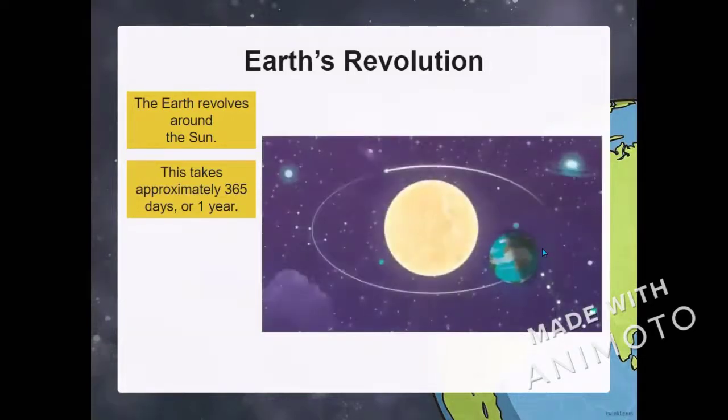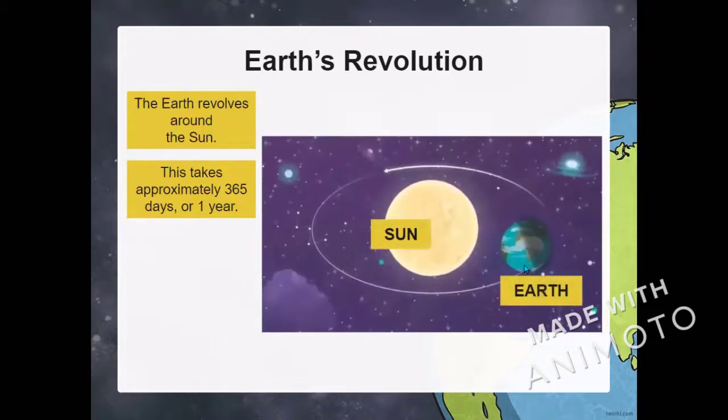As you can observe here, we have Earth that is rotating at its axis, and the axis is tilted. It is not straight, but tilted. And at the same time it is revolving around the sun. And it takes a year to do that.